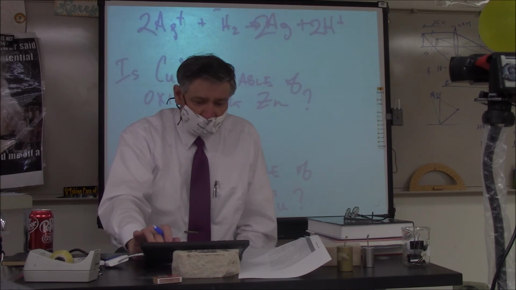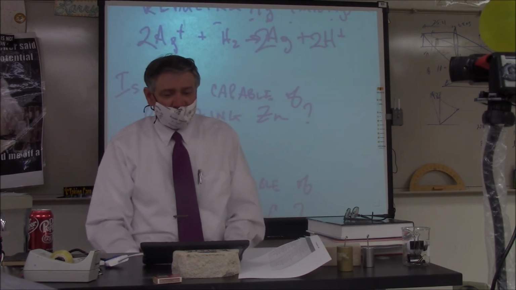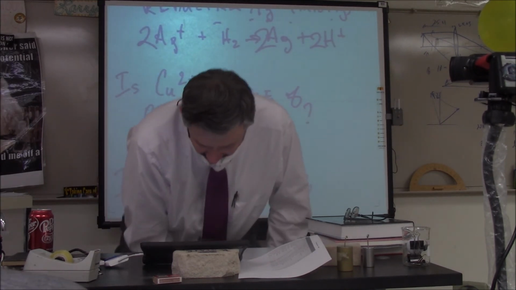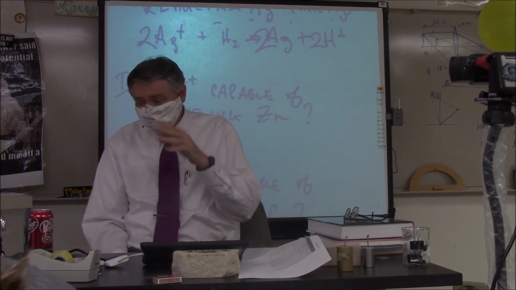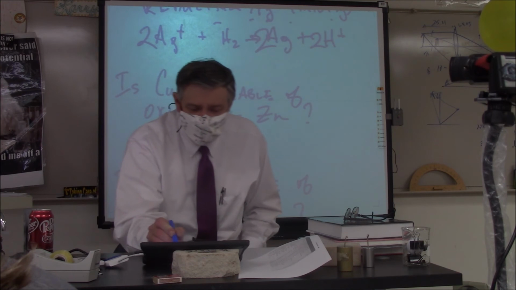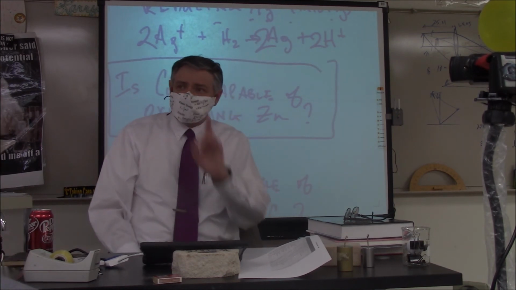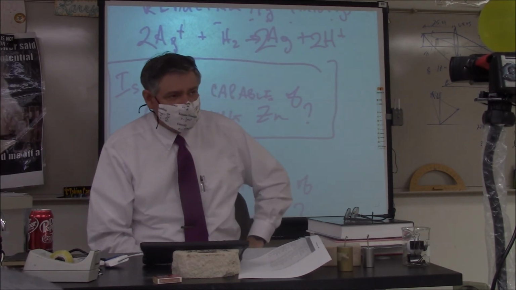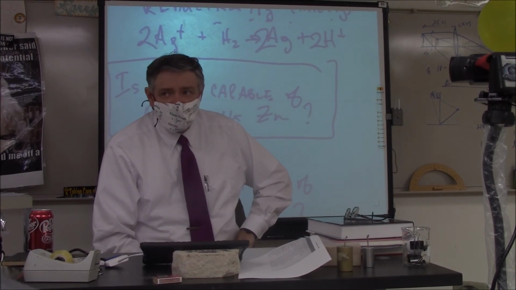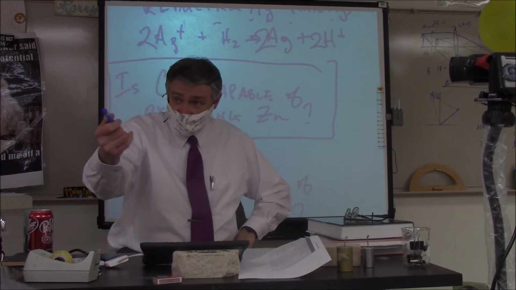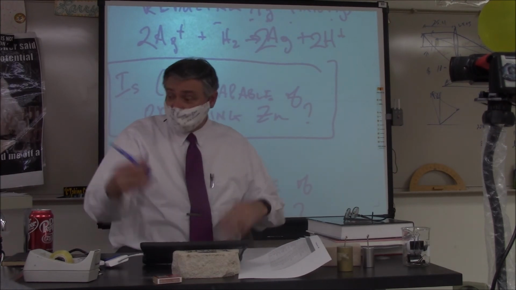Now, is Cu2+ capable of oxidizing zinc? So what would this physically look like? If I asked you to go set up this scenario, what would you do? Copper nitrate. You get some copper nitrate and a block of zinc, a chunk of zinc.